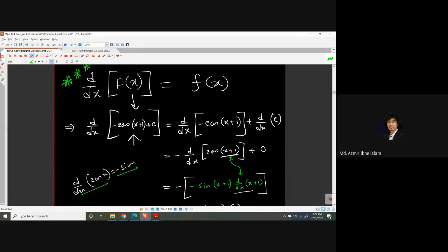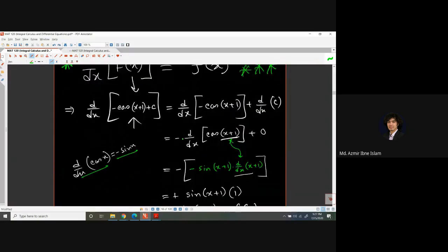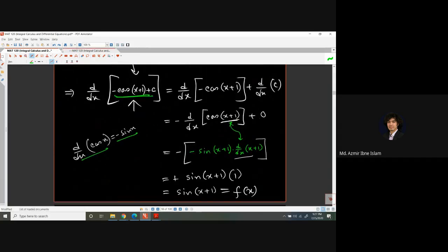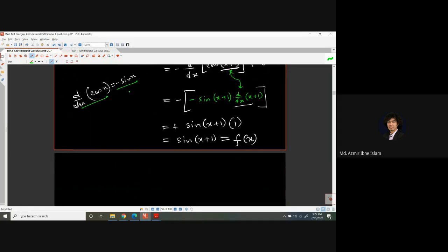You can check this relation, and it must be that differentiation of the antiderivative will be the main function. Okay, you can see we are differentiating the antiderivative and we are getting the main function back. That's why differentiation and integration are linked up. Okay, these are opposite operations.